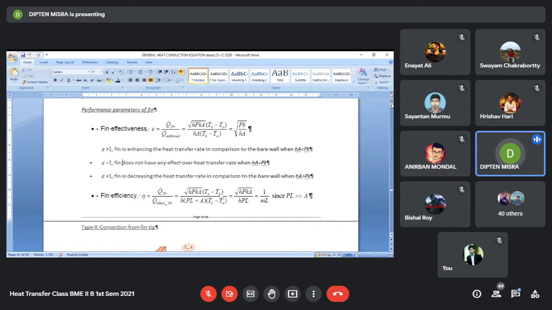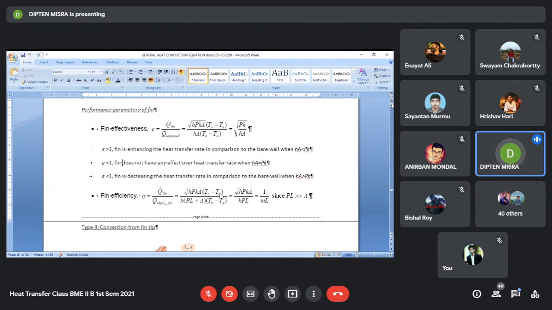How far away are we from the best possible fin? That is the second question of concern, and that question is being answered by another performance parameter known as fin efficiency. Apart from fin effectiveness, we also need to consider another performance parameter called fin efficiency.